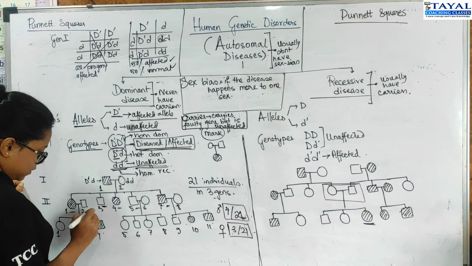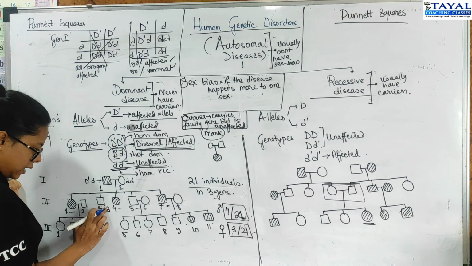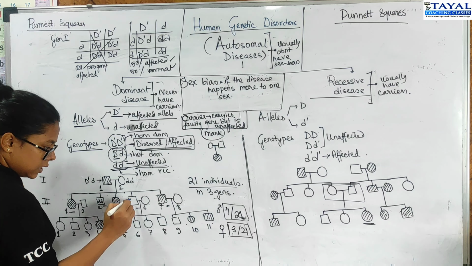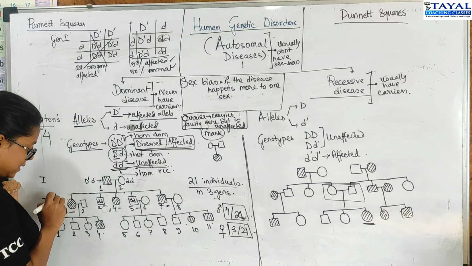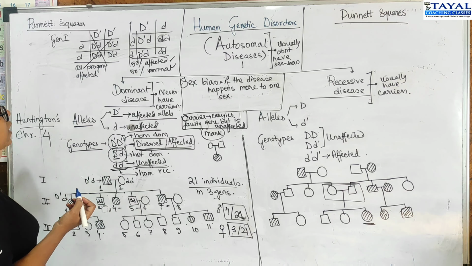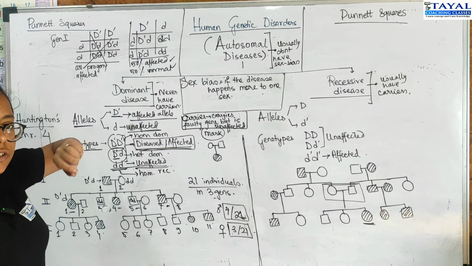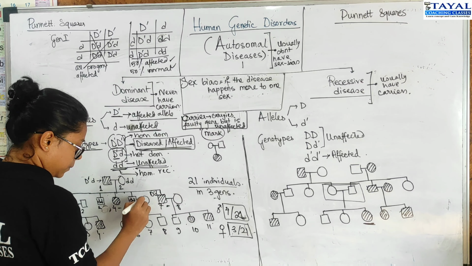Now, this kid is small d, right? Let me write it inside. This is small d. This kid is also small d. The ones that are diseased are capital D, small d. They cannot be capital D, capital D, right? This is the only possible combination as the Punnett square has told us. So these are all capital D, small d.